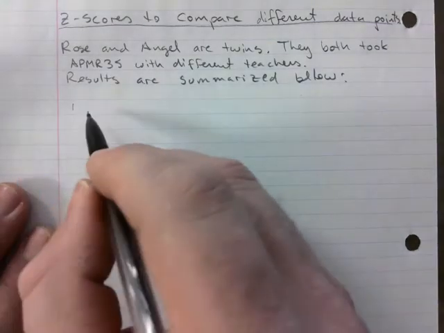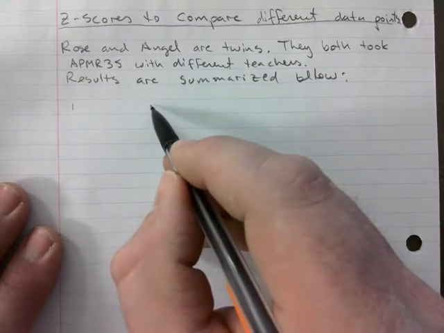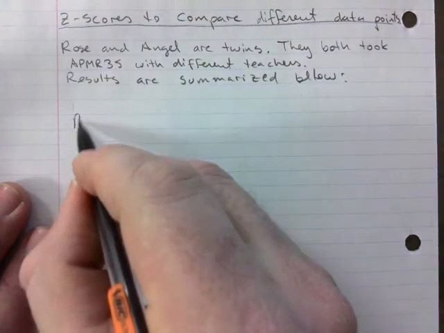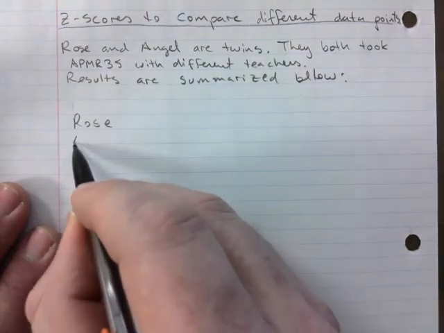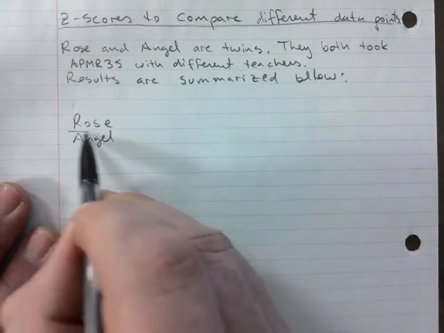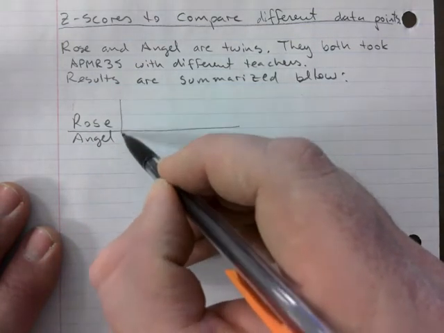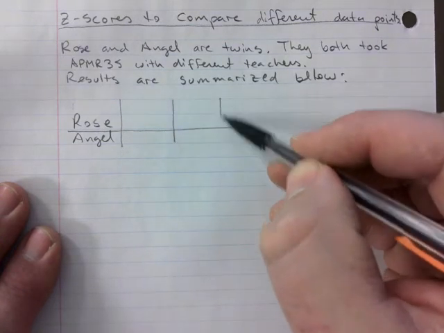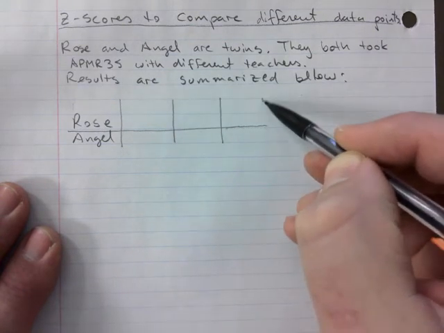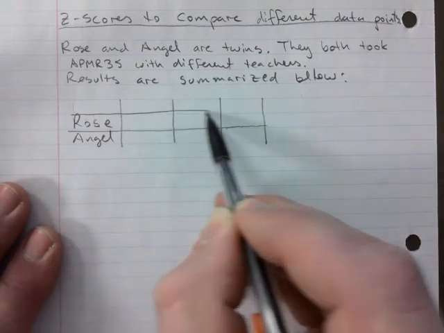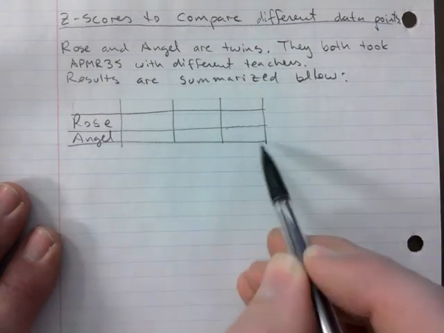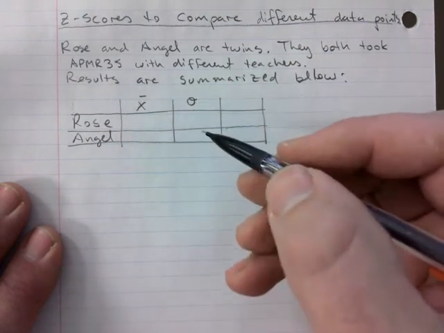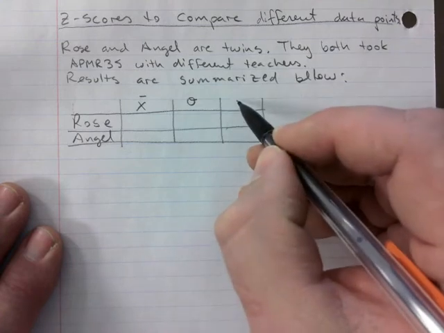So let's say we have, I'm going to leave a little bit of space. Rose is here, Angel is here. We're going to have 3 columns. So we're going to have the mean, the standard deviation, and their actual scores.